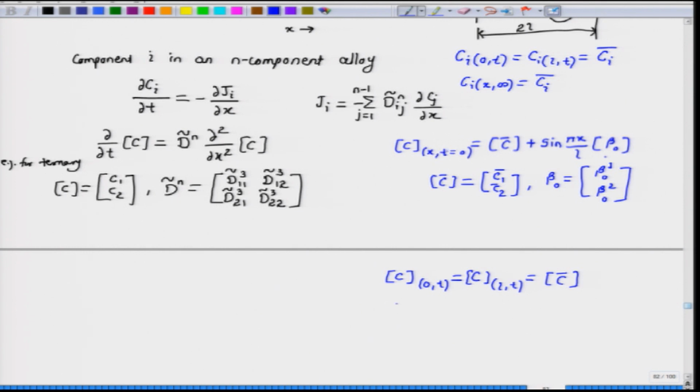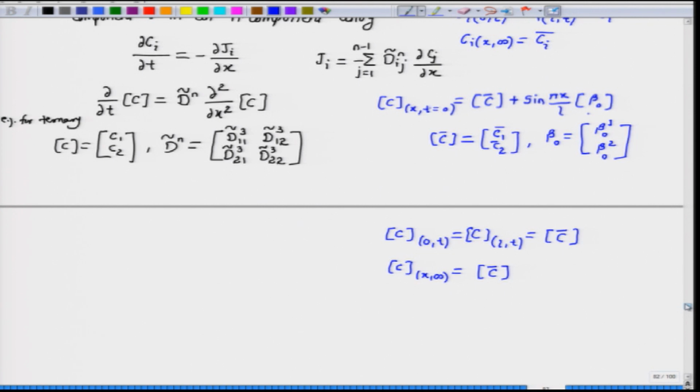And we have one more condition which also can be written as C at any x at t equal to infinity should be equal to C bar. Okay. So, we got the diffusion equation. Let us denote this equation 1 in the form of matrix, and which we have to solve with respect to this initial condition and these boundary conditions.